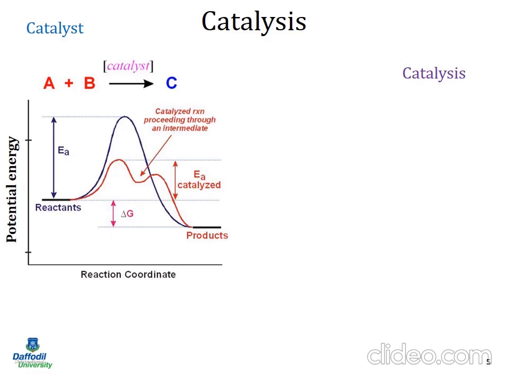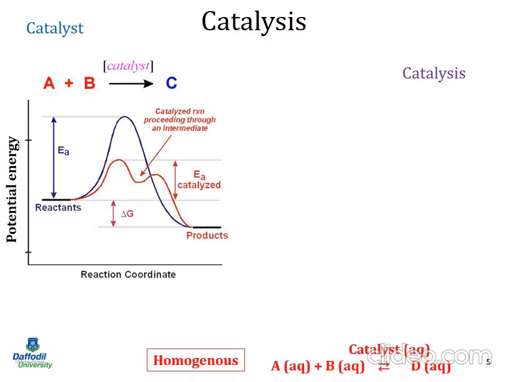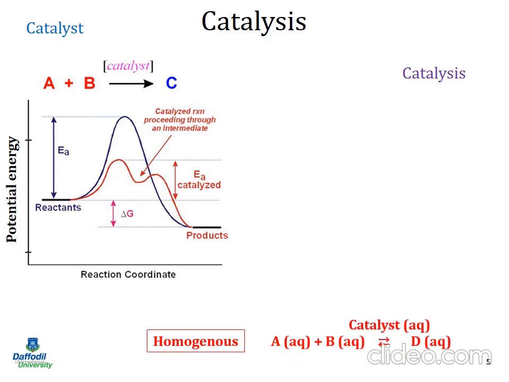Now if we consider this figure, we can find that we have a catalyst which catalyzes the reactants A plus B to C. Now what types of catalysis do we have? There are two different types of catalysis. One is homogeneous, another one is heterogeneous. If you look at the homogeneous one, you can see that the catalyst, product and reactant are in a similar phase, all of them in aqueous phase.